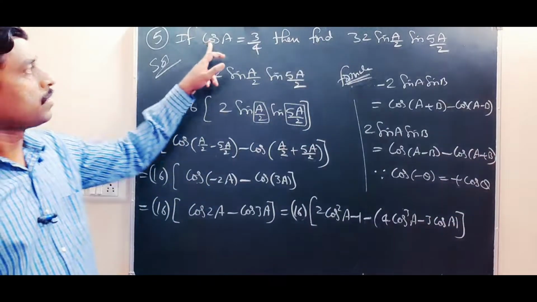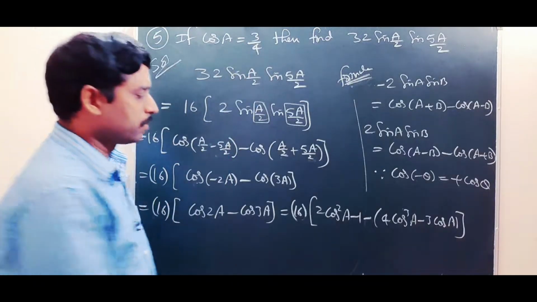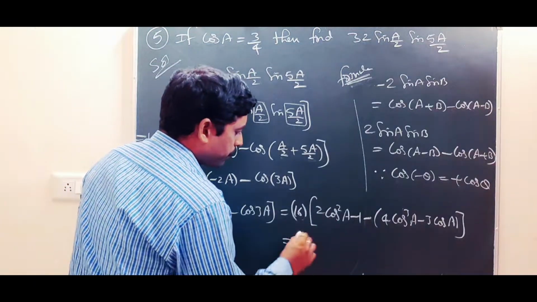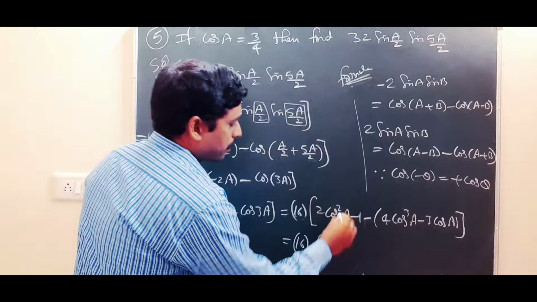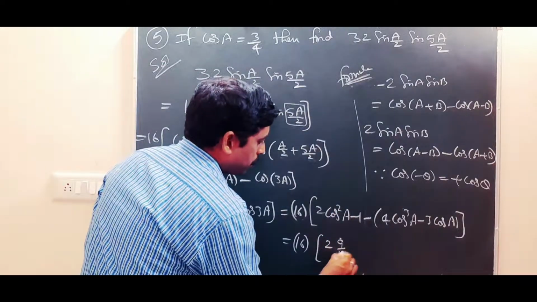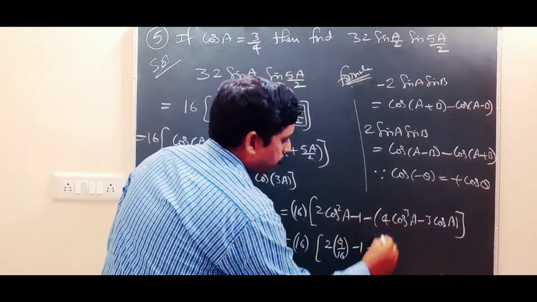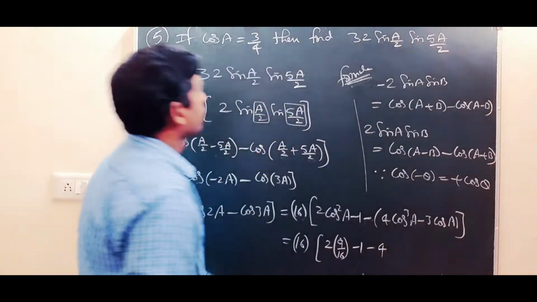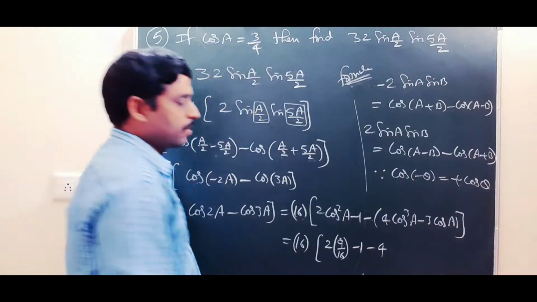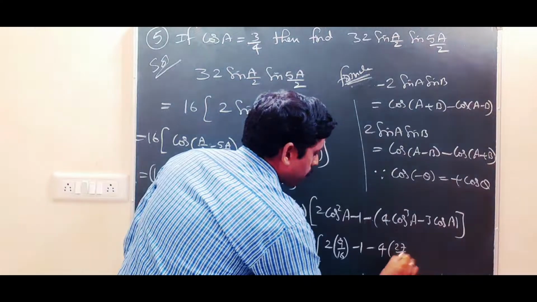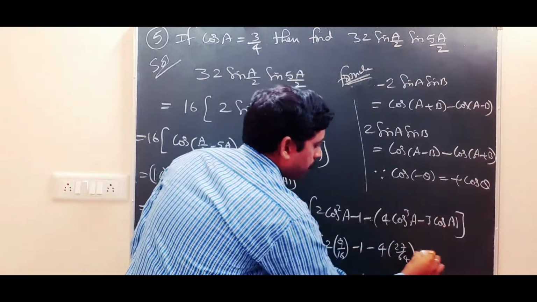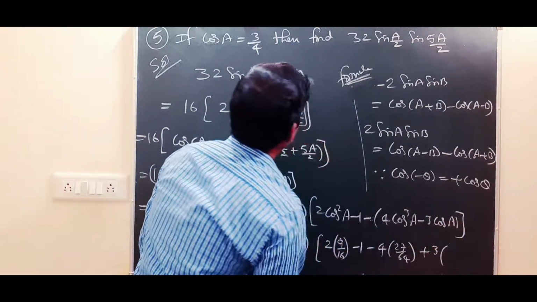From the statement, cos A value 3 by 4 is given. So 16 times 2 into cos square A, 9 by 8, minus 1, minus 4 times cos cube A, 3 by 4 whole cube, it will be 27 by 64. So minus into minus, plus 3 times cos A value, 3 by 4.